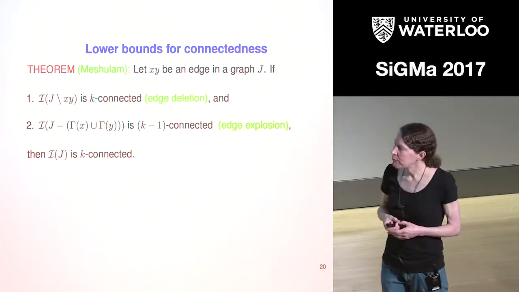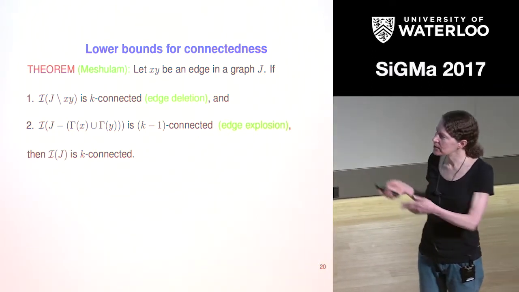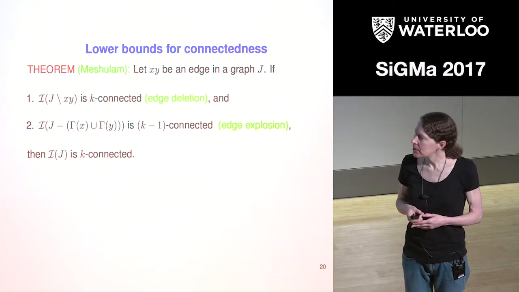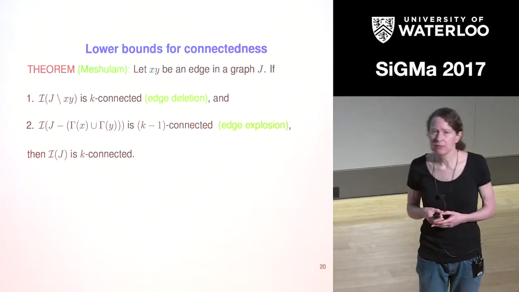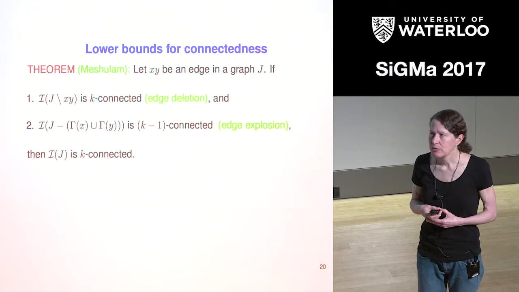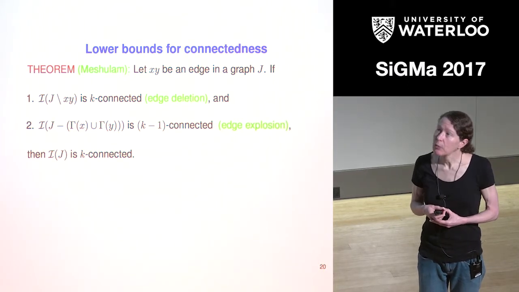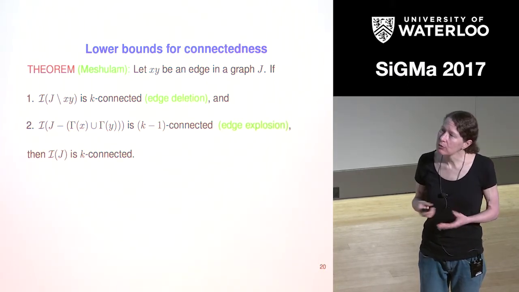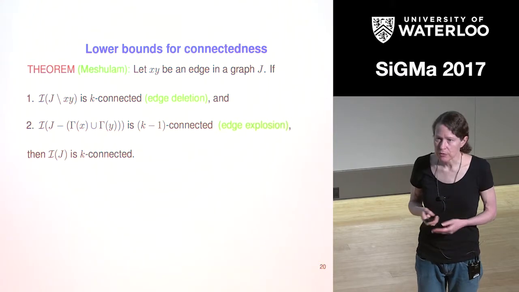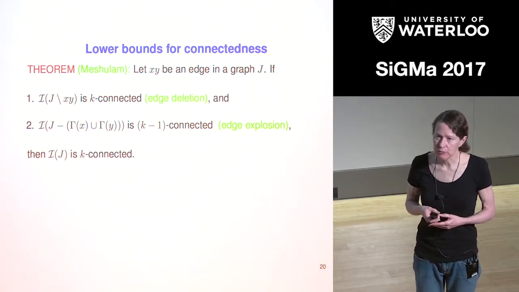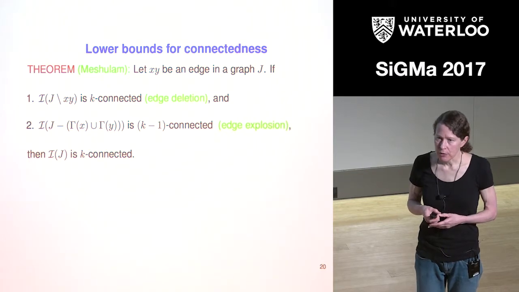Not immediately from what I just said here, but maybe because of some special circumstances. And if you further know that there is no independent transversal, then you know that everything is a C4. So the classes are of size 4 and the graph is a union of C4s.